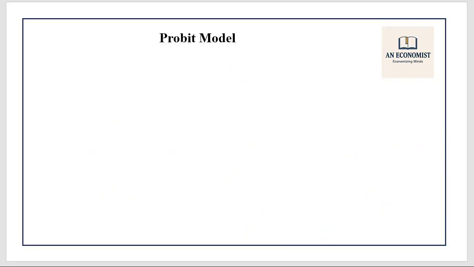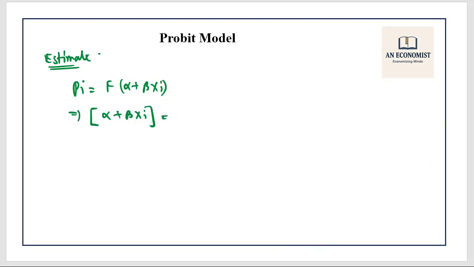So this is the process. Now the question is, how do you estimate this model? The estimation process is almost similar to the Logit model, only the likelihood function will be a little different. So see, we know probability is F of alpha plus beta xi. So alpha plus beta xi will then be simply F inverse of pi, and once you have this, you can again write the likelihood function, or let me write the log likelihood function only.